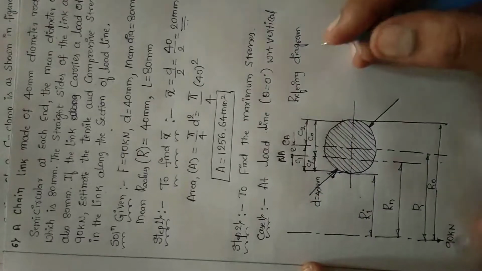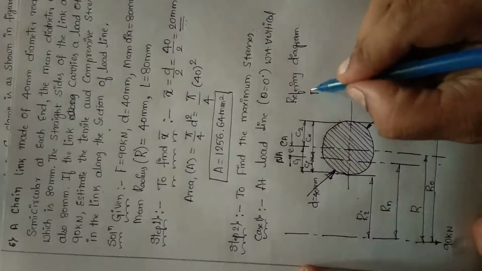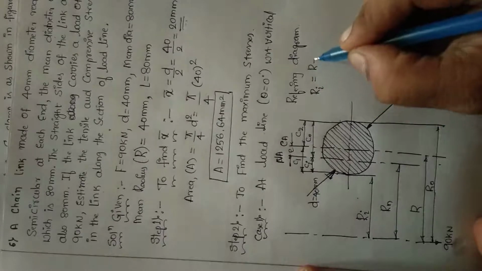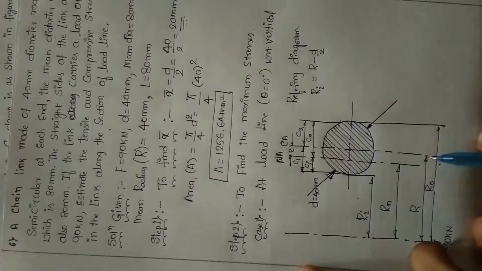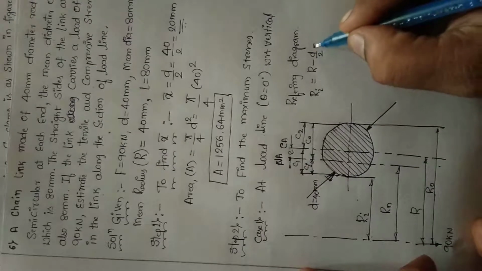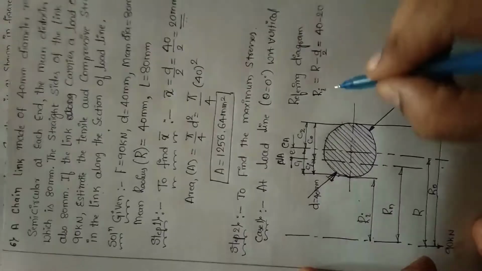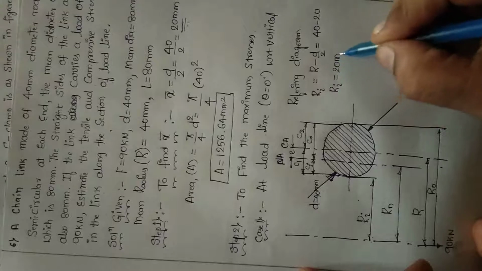Now referring to the diagram, what will be Ri? Ri is equal to R minus d by 2. R is the total, and this is d by 2. I know R is 40, and 40 minus d by 2, which is 20, so Ri will be 20 mm.